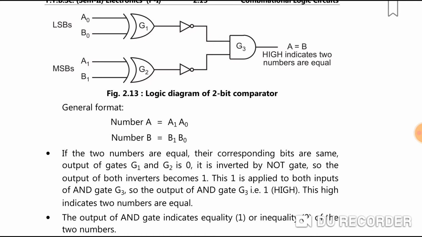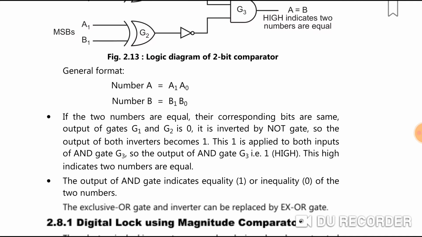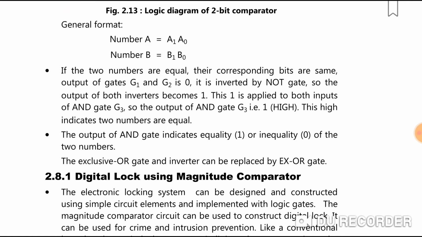High indicates the two numbers are equal. So this is the logic diagram of a 2-bit comparator.